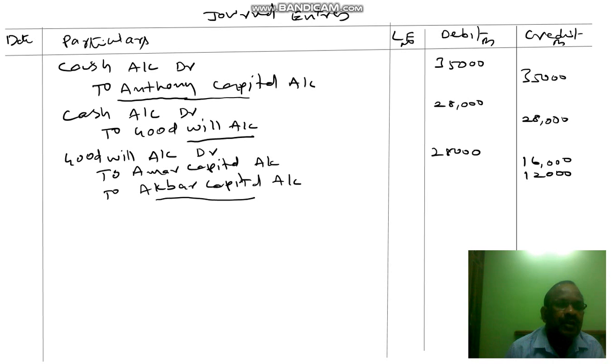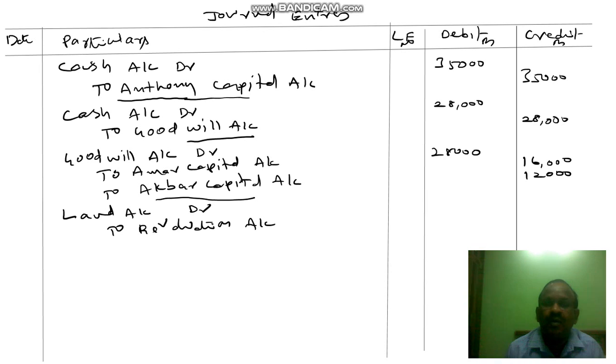Land cost is increased. That's why land account debit to revaluation account, that is 5,000. Next one, machinery cost is decreased.